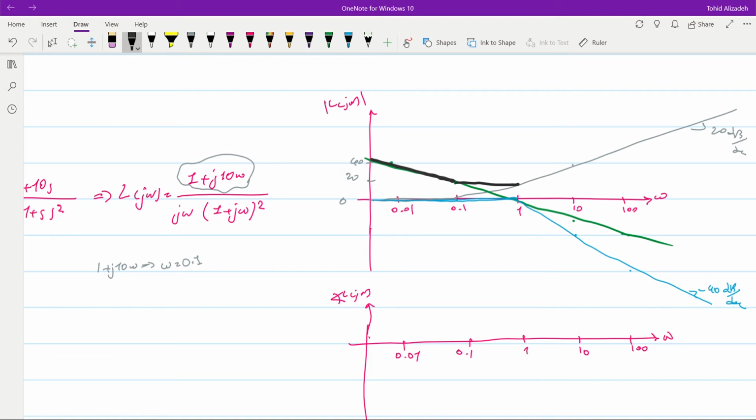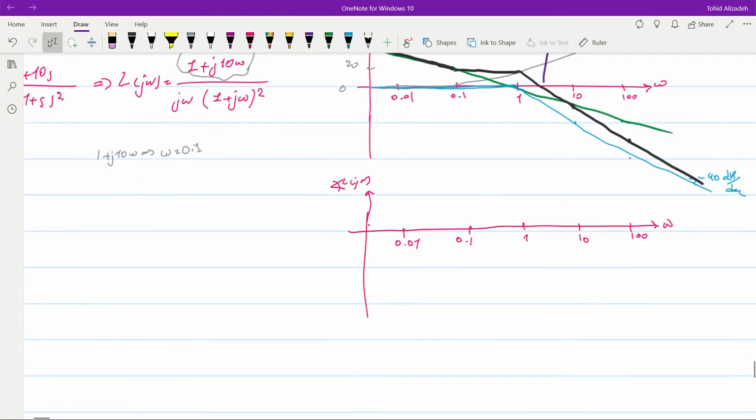We will see the two poles at omega equal to 1, and therefore the slope will become minus 40 dB per decade. So this will be the amplitude plot for us. And over here we can see that the crossover frequency will be somewhere around 3 radian per second.